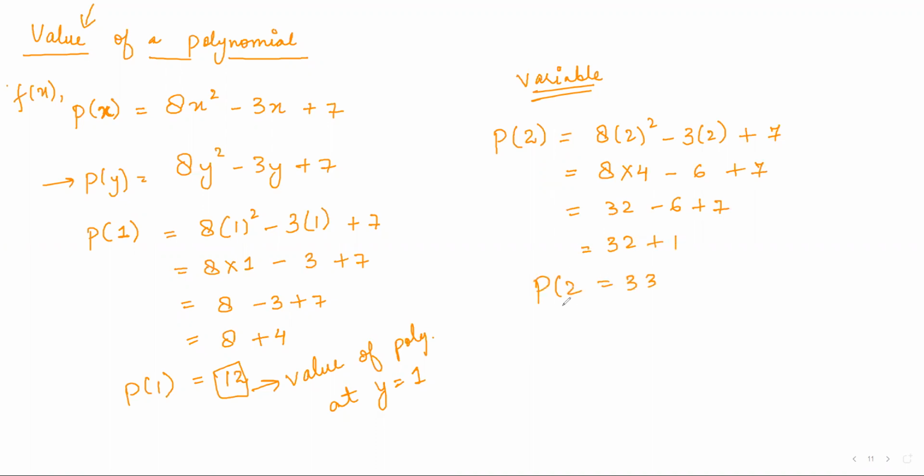So the polynomial at y is equal to 2 is equal to 33. So this 33 is the value of the polynomial, value of p(y) you can say, at y is equal to 2. Understood? How do we find the value of a polynomial? So the value is found at some given value of the variable. Is that okay? Yes. Okay.